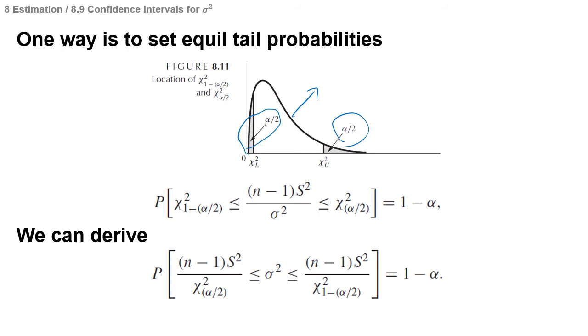Then the probability of the inner part is 1 minus alpha. And we can calculate these numbers from the chi-square distribution.